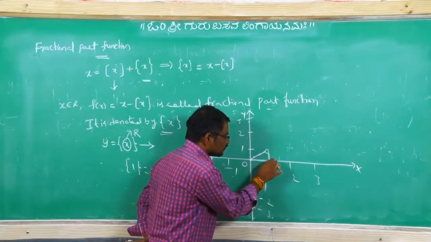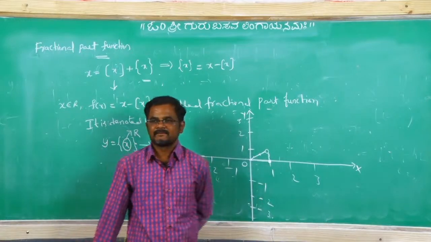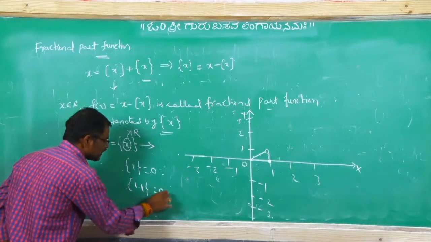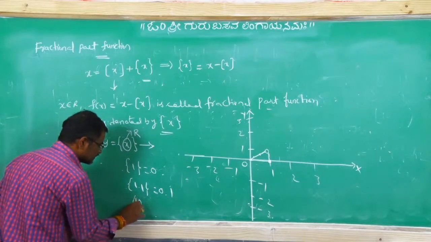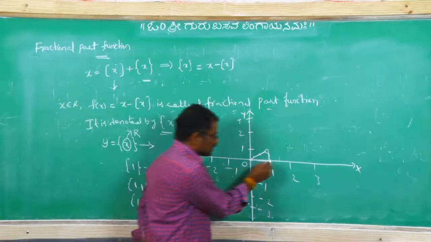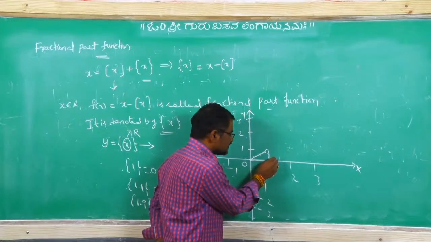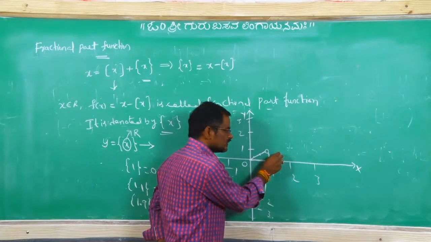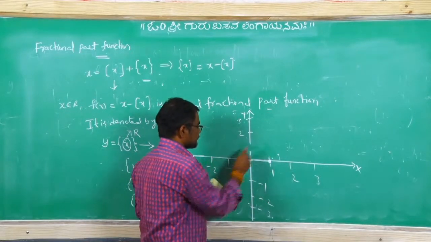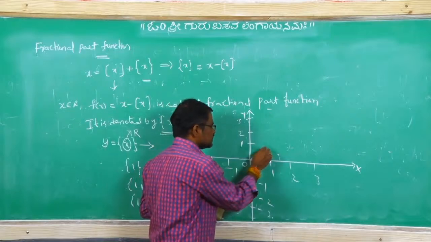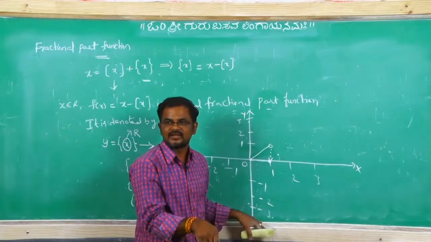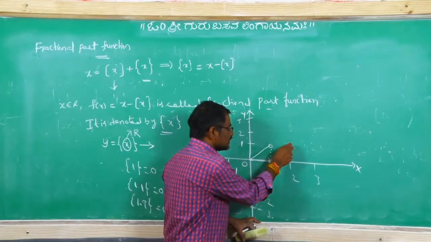Now 1.1: the fractional part of 1.1 is 0.1, up to 1.9, fractional part 0.9. 1.5 gives 0.5.